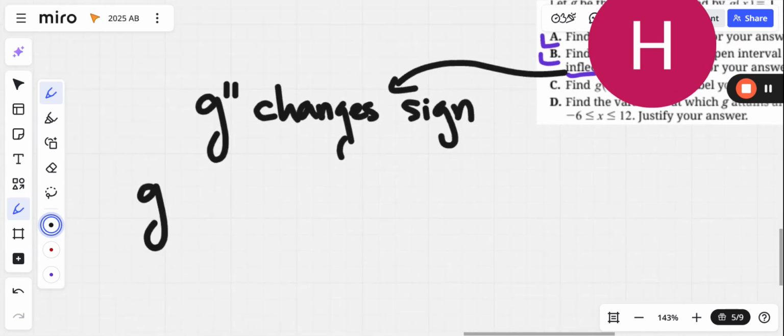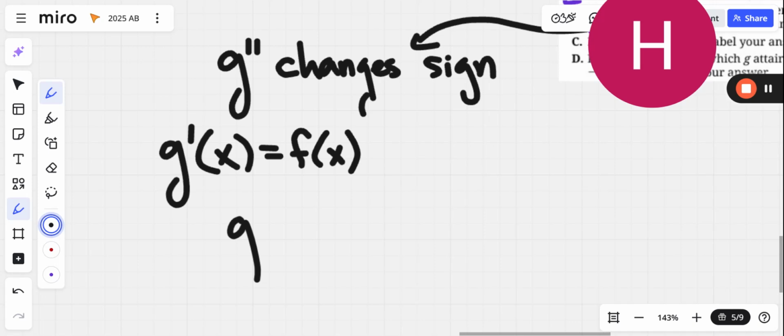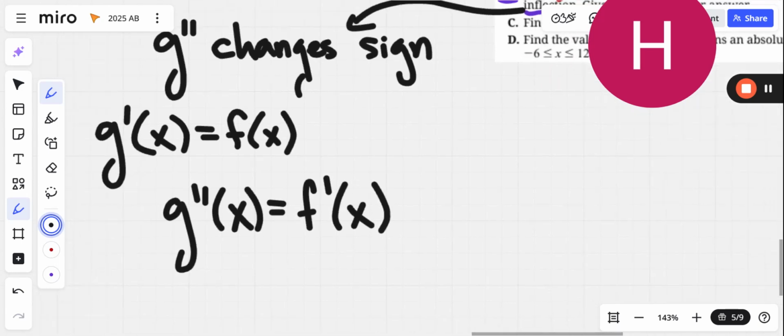Well, we don't really have g double prime. Right, we have g prime, which is essentially just f of x, which means g double prime is essentially just f prime of x. So we want to see when this changes sign.